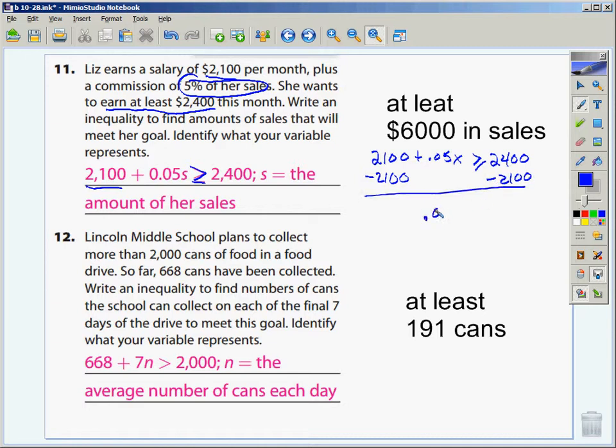I'd have 0.05x is greater than or equal to 300, and I would divide both sides by 0.05. X is greater than or equal to 6,000. In other words, if she wants to make $2,400, she's got to sell $6,000 worth of product, or she's going to fall short of her goal.